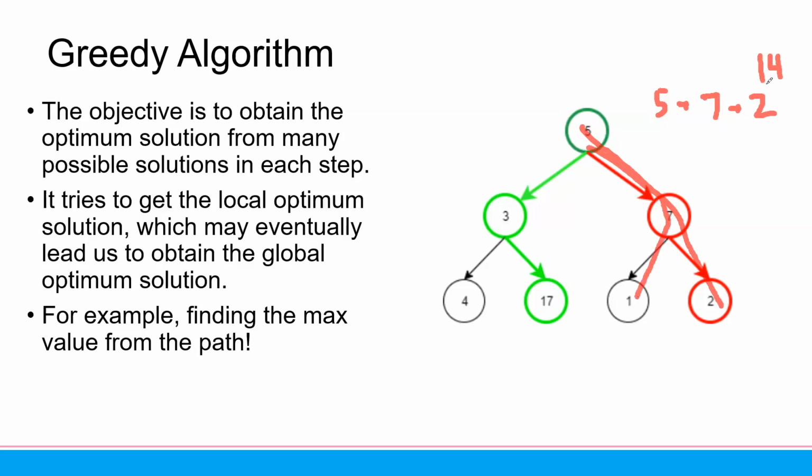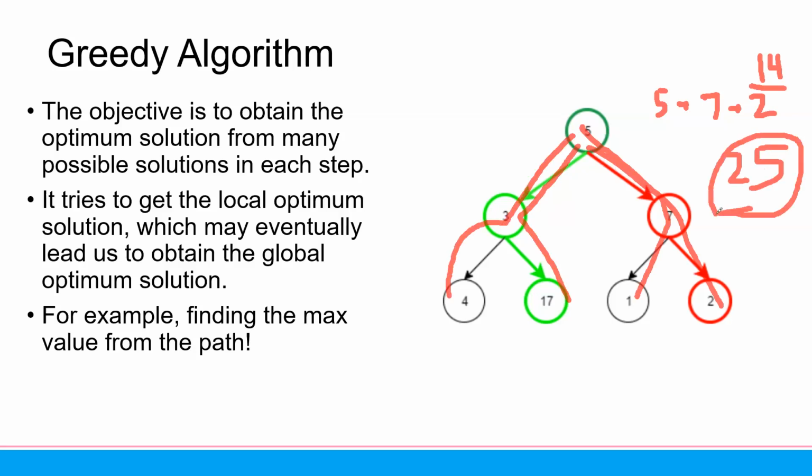Okay, this is not more than 40. So we go for 5, 3, and 17. Okay, this is more than 40, so this will be the new maximum. Means the maximum is now 25. And then we go 5, 3, and 4. So it is not more than 25. Then we get the maximum is 21. Because this is a greedy algorithm, we will find every possible solution.